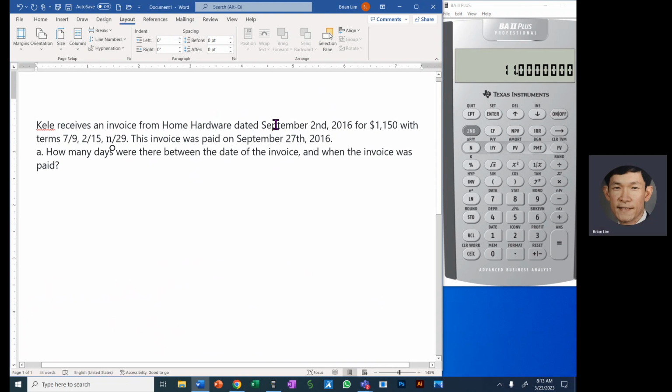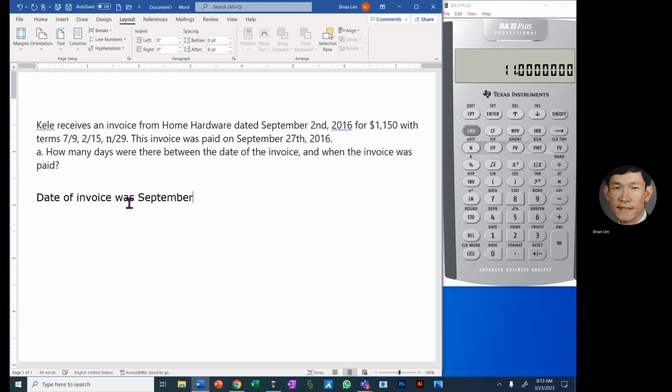All right, so that is the date of the invoice, correct? The date of the invoice is September the 2nd, 2016. So date on the invoice, whichever way you like it, date of the invoice was September the 2nd, 2016.